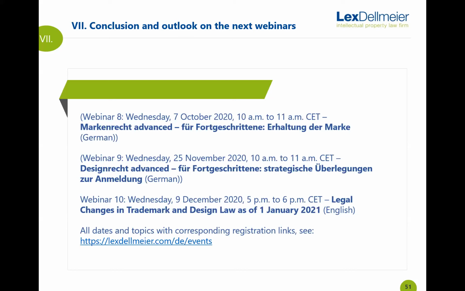And it's going to be about legal changes in trademark and design law as of January 1st, 2021. The focus here is going to be the UK exiting the EU trademark and design laws. So the Brexit has taken place, but it has not taken place with respect to EU marks and EU designs.